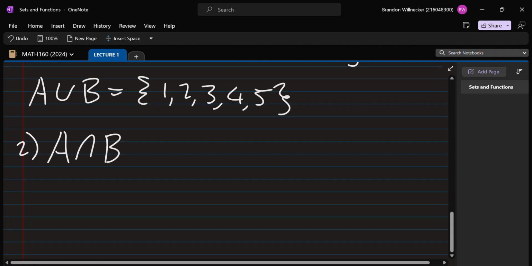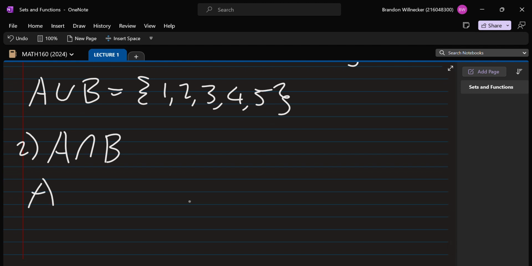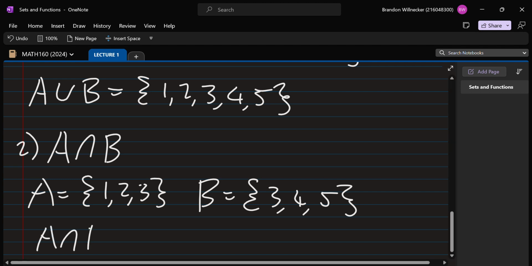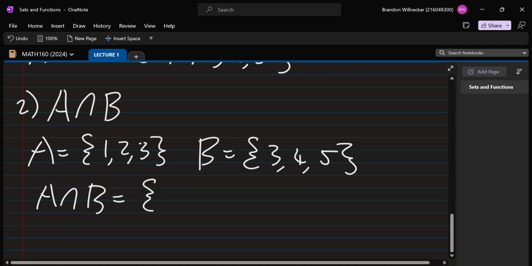It's whatever is in A and in B. They share those elements. So we'll use the same sets as before, A is 1, 2, 3, and B can be 3, 4, 5 again. A intersect B, what's that going to be? 3, good.